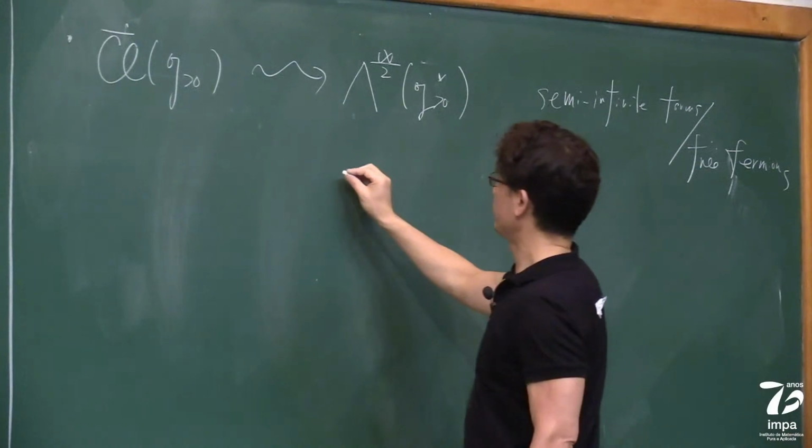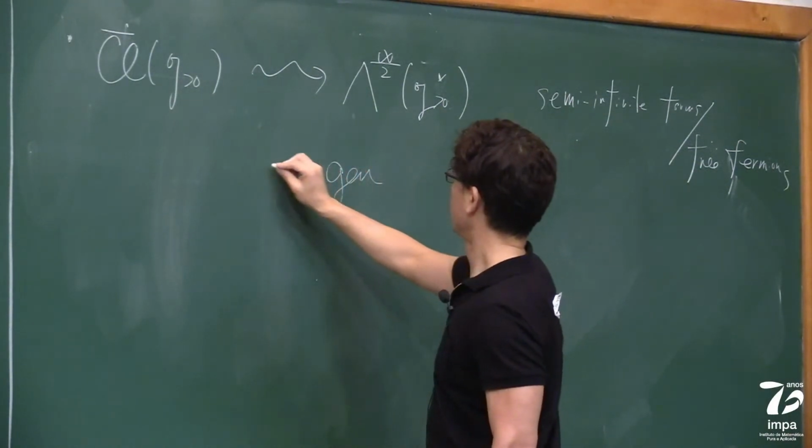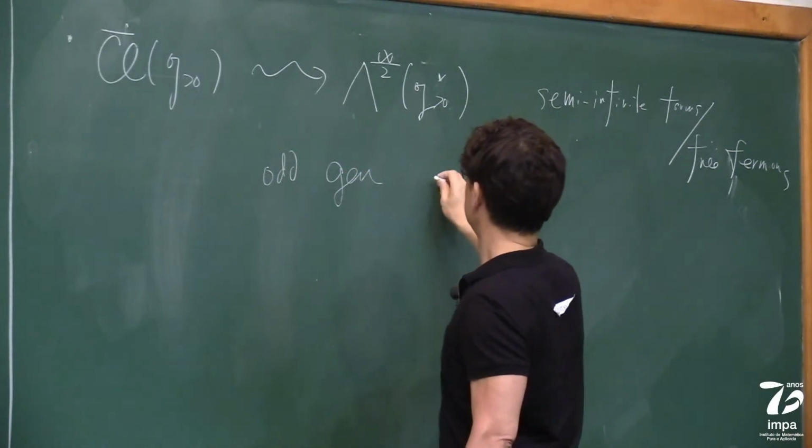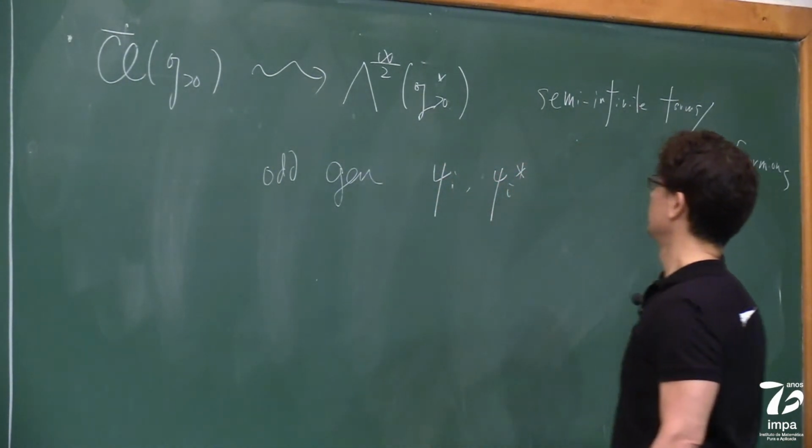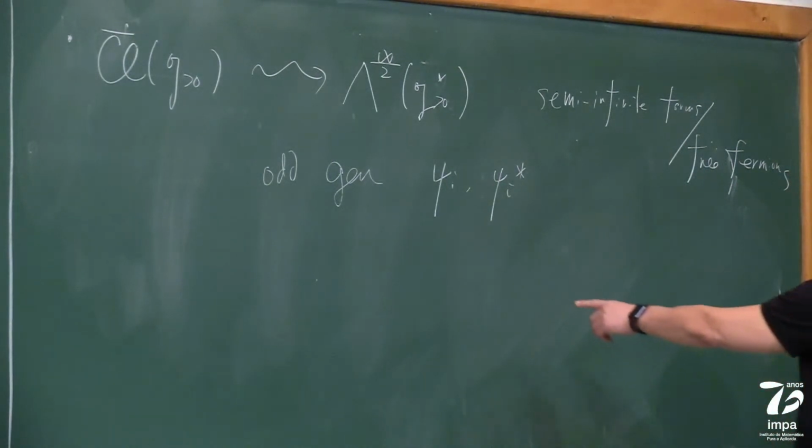So this is generated by odd generators, which are psi I. I'm sorry, I'm writing the same notation.